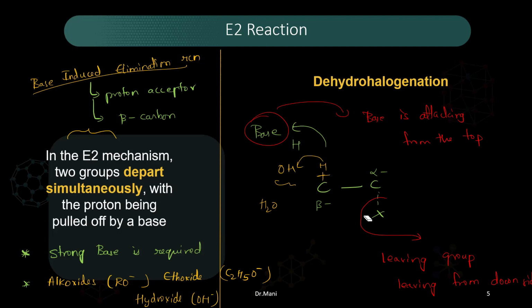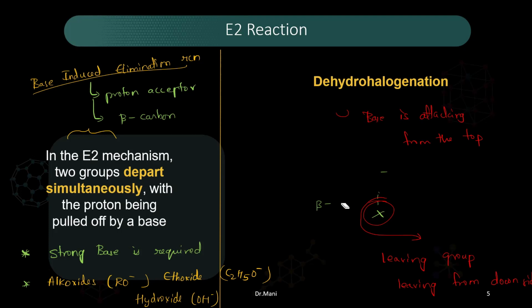So that you need to remember here. Okay. The base is attacking the proton and it is trying to pull this proton towards it. So there will be bond breaking between the carbon and proton. So here the proton is being removed and here the halogen is being removed. So that's why it is an E2 reaction. Is that clear? Any doubts so far here?